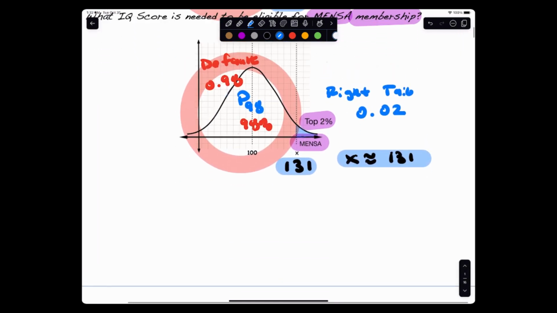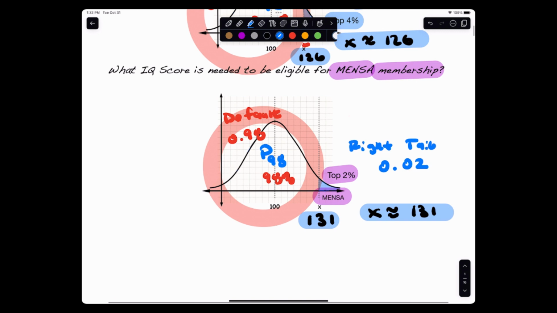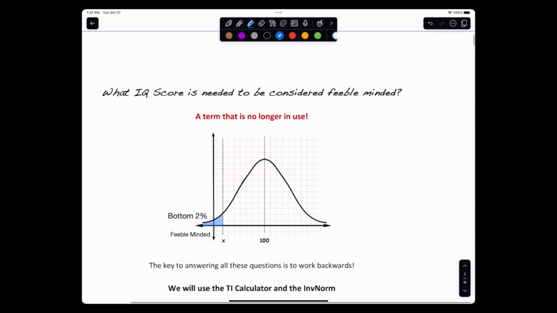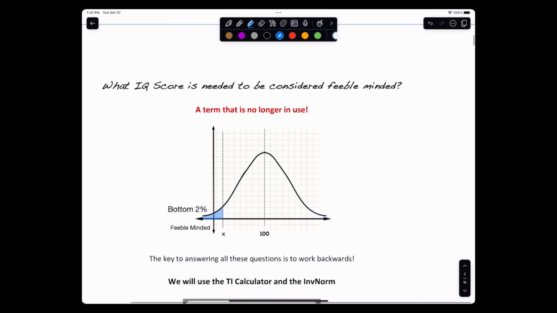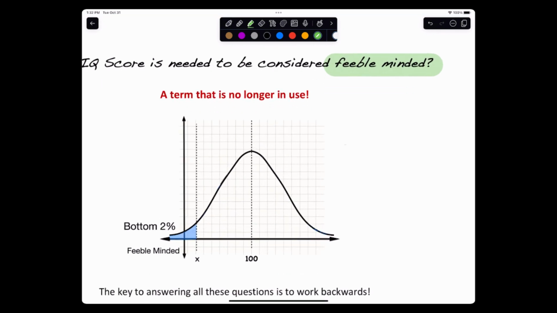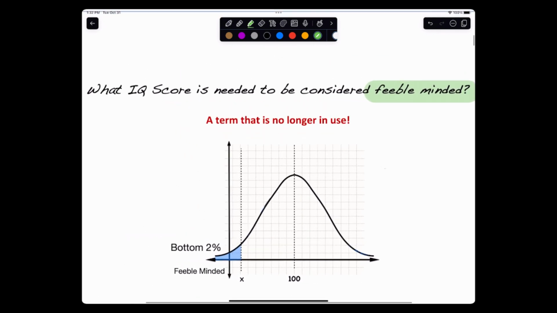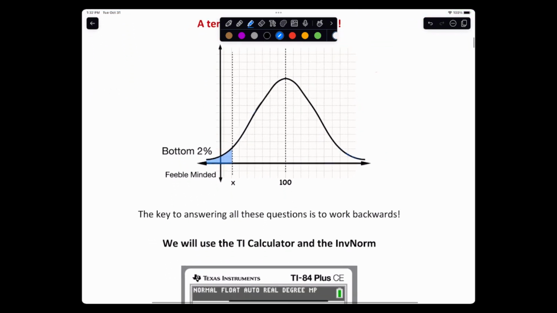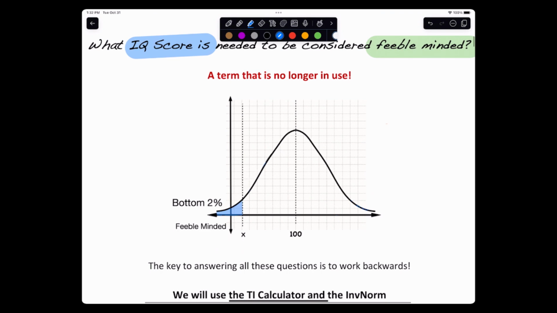Anyway, this reminds me of a movie, this next situation. Now, ladies and gentlemen, this is a term that used to be used years ago. It's no longer in use. It's called feeble-minded. I did look this up. They want to know what IQ score separates the people who are feeble-minded from everybody else.